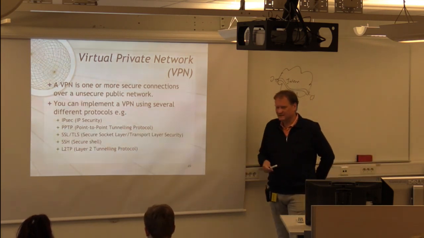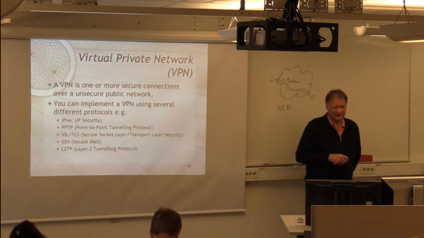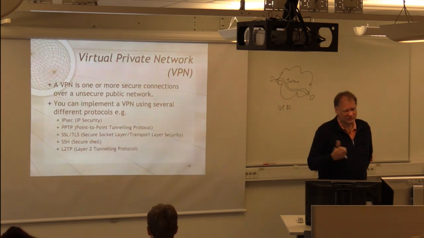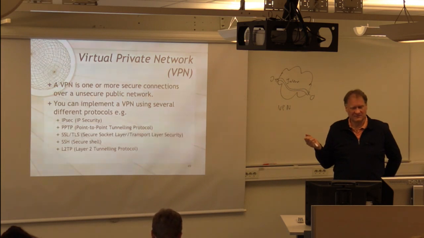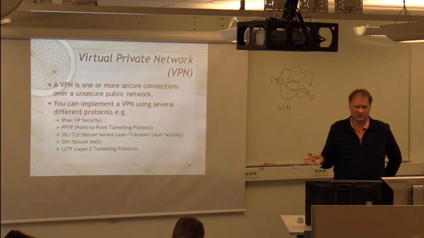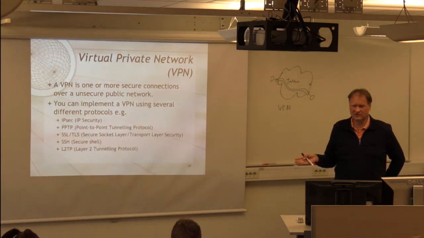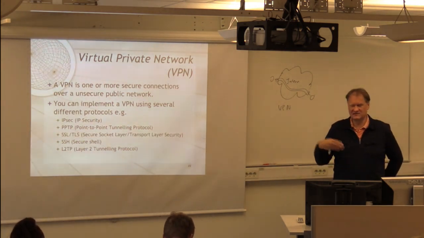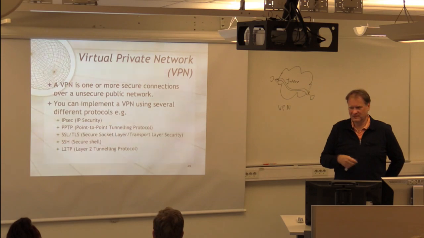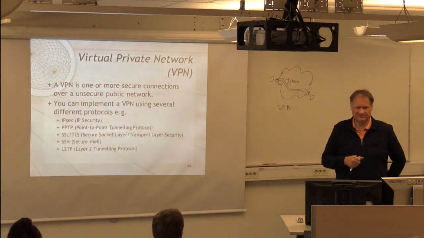We can use SSL/TLS to set up virtual private networks, because TLS especially has been adapted so it can be used for any other protocol. As long as we set it up in a way that all the different traffic that we are creating is actually using TLS, we can see that as tunneling.